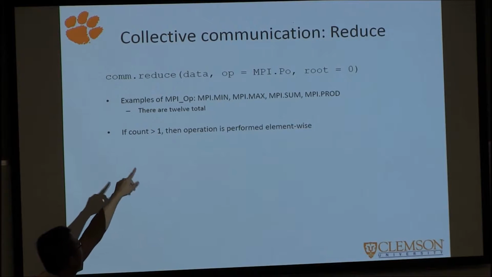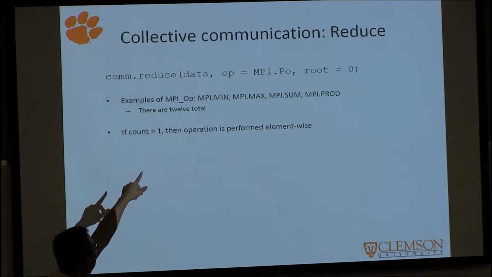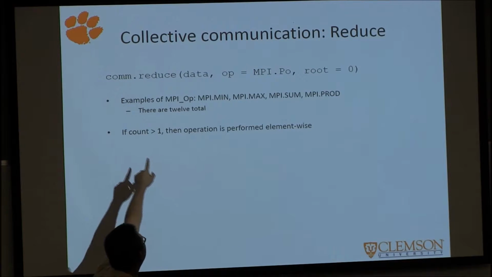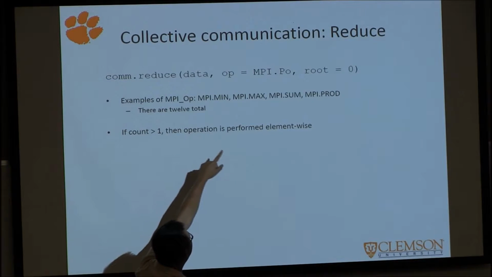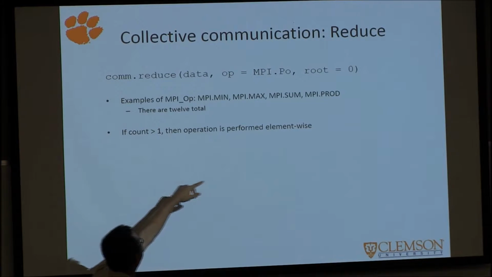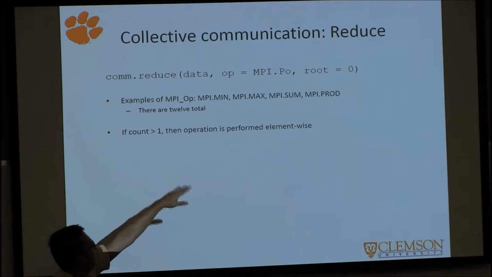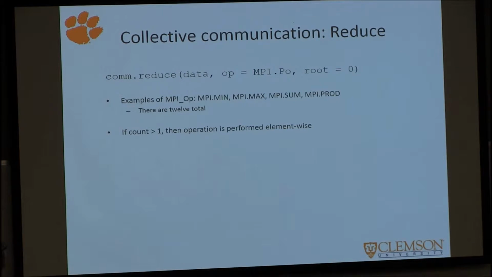MPI reduce, again you have the data. So for MPI reduce, all processes should have that data value. The op means the MPI operation, and you can call MPI min, MPI max, MPI sum, MPI product, and there are other MPI operations that you can run. And root is where you want the final value to be written.